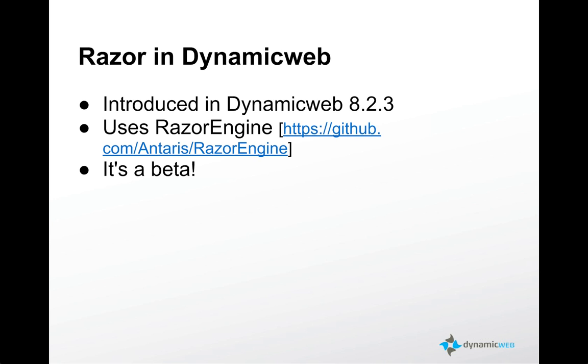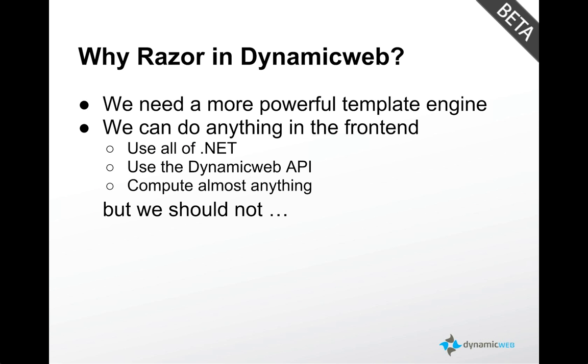And one important thing to note right now is that the Dynamicweb Razor support is a beta release. So there are still a few issues we need to figure out how to do, and maybe something will change, but we have basic support for using Razor in Dynamicweb, starting with Dynamicweb 8.2.3.